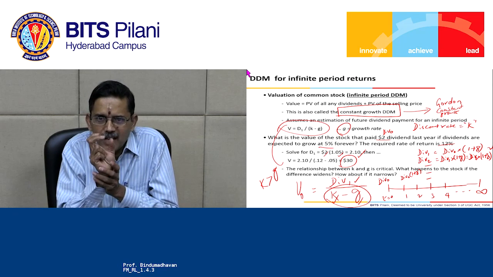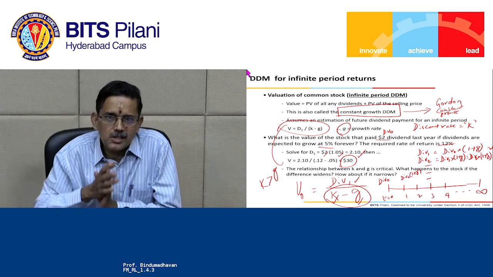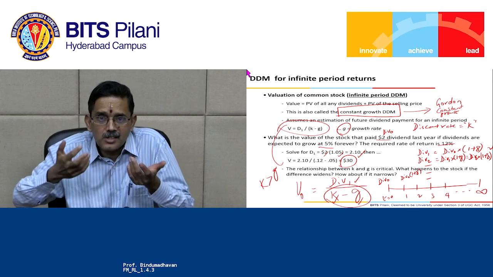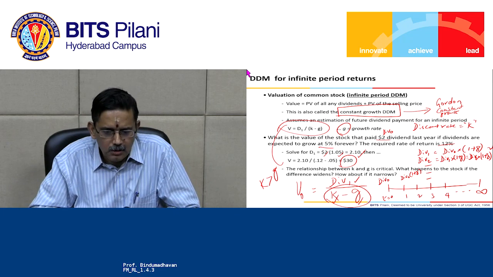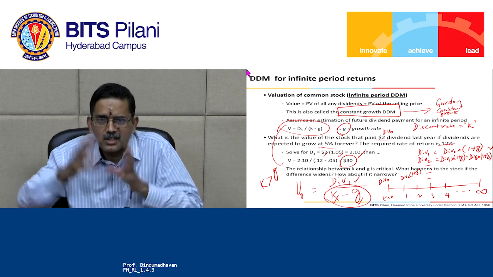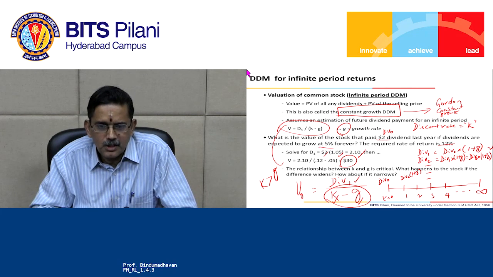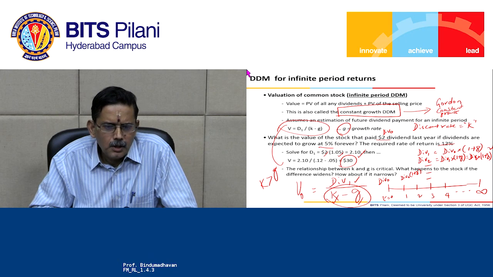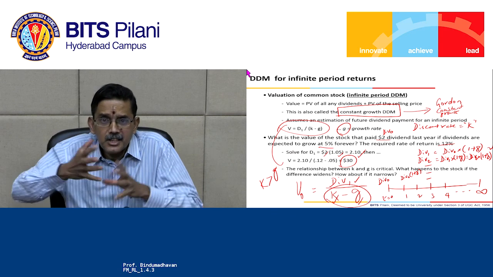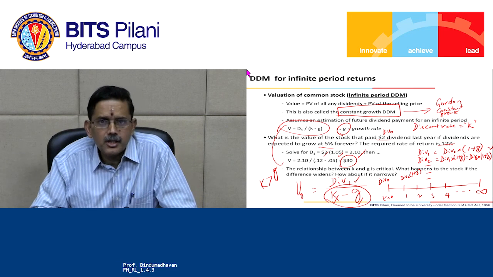If the gap gets narrower, the denominator becomes smaller, then the answer will become larger. If the gap gets wider, then the denominator will become larger and the answer will become smaller. So this relationship is very important and you should understand that concept. Okay, is it clear? So essentially we can apply this model, the dividend discount model, if we believe that the dividends will grow at a constant rate forever into the future.